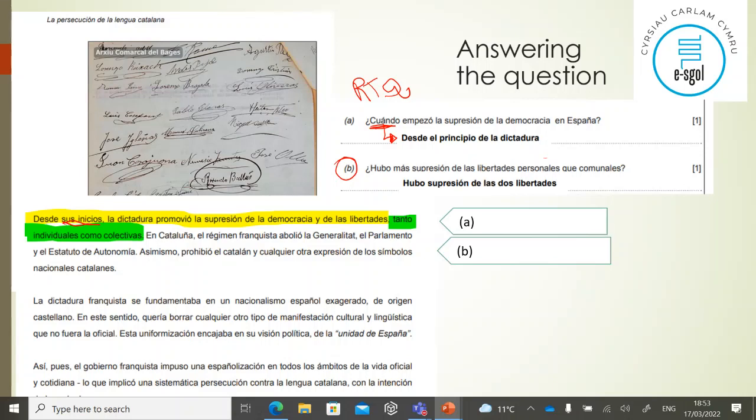So there was a suppression of both types of freedom. You could have said as well, no hubo tanta supresión de la libertad individual como de la libertad colectiva, for instance. So just as long as you show a little manipulation of the language and your language is accurate.